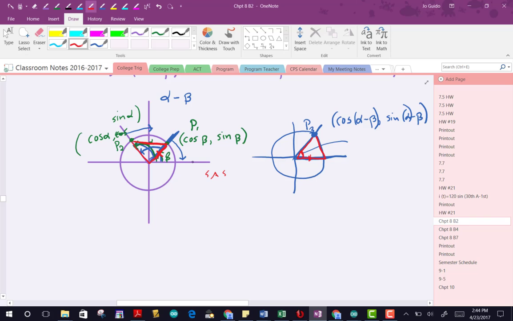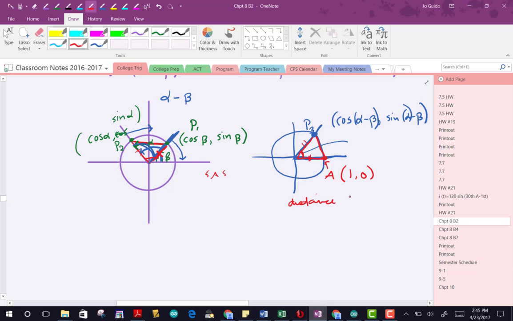What we want to do is use the distance formula. This point here on the x-axis is point A, and its coordinates are 1, 0, because it's on the unit circle, and we want to use the distance formula to find the distance from point A to point P3.